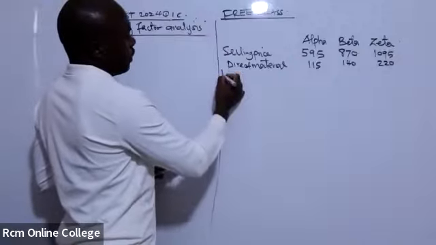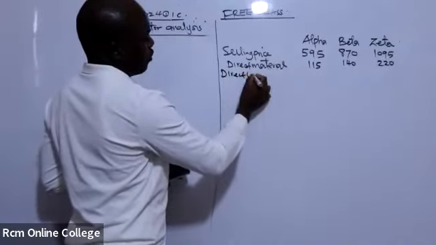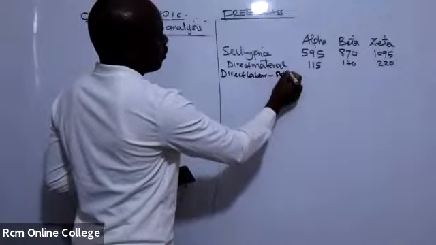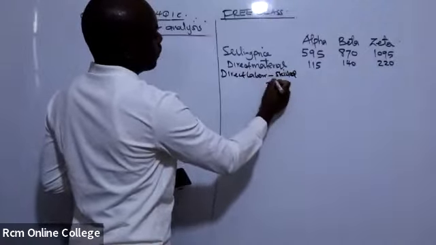So we go to direct labor. It's divided into two. We have skilled, right? And then we have semi-skilled.